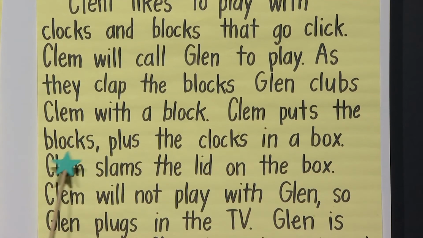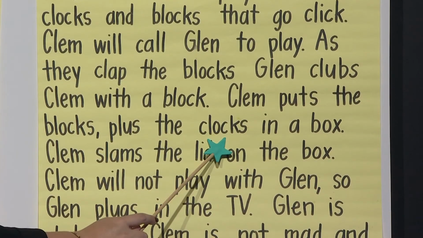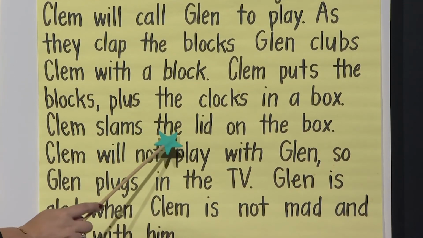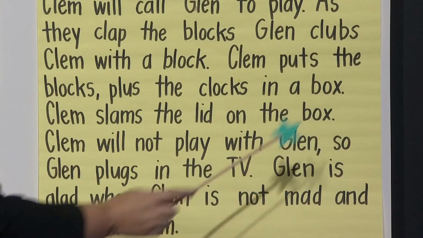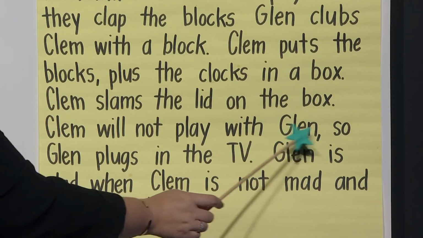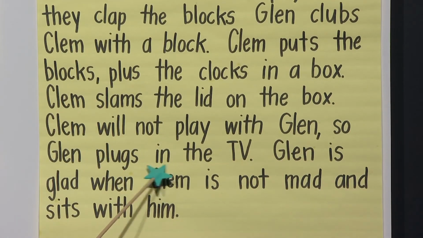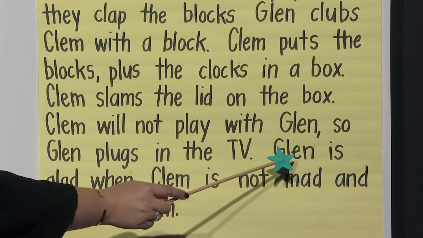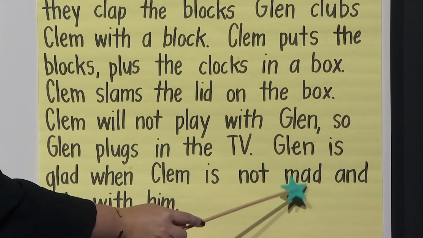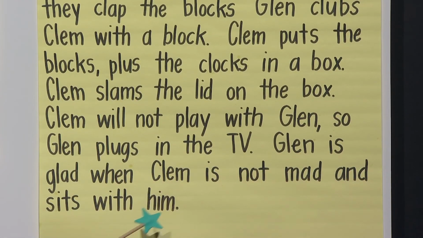Clem puts the blocks plus the clocks in a box. Clem slams the lid on the box. Clem will not play with Glenn. So Glenn plugs in the TV. Glenn is glad when Clem is not mad and sits with him.